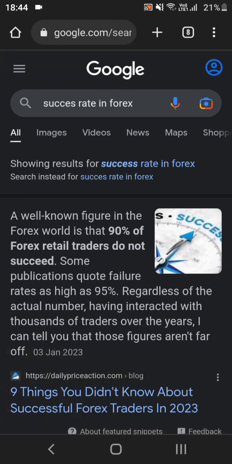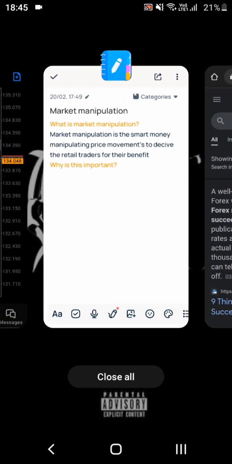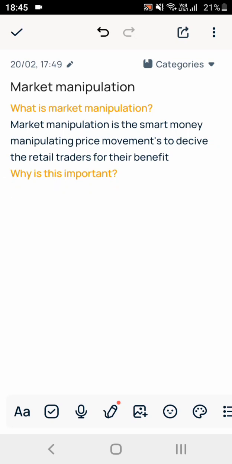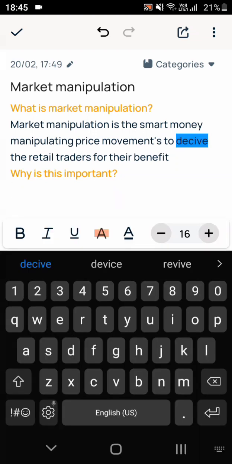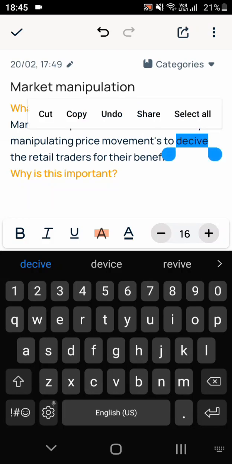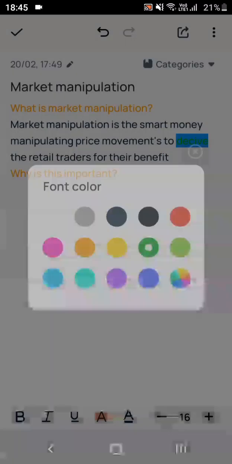And how exactly does market manipulation fall into this? It plays a huge role in this 90% failure rate, because, as I said before, market manipulation is the smart money manipulating price movements to deceive. That's the keyword right there, guys. To deceive the retail traders for their benefit.